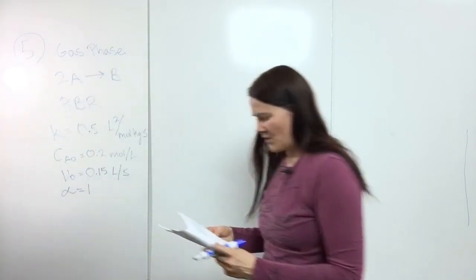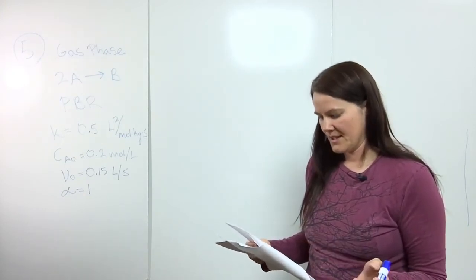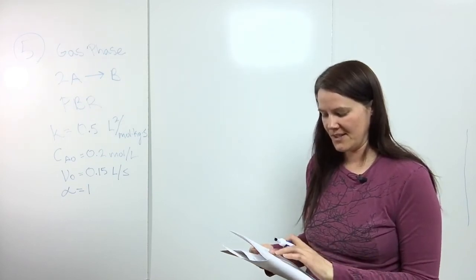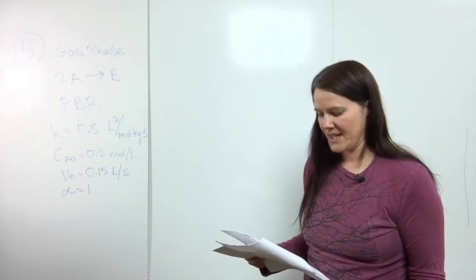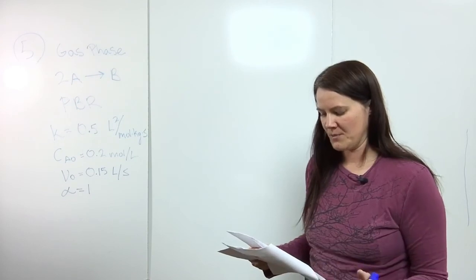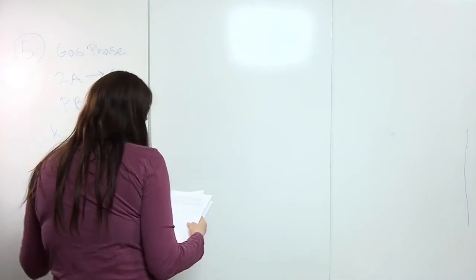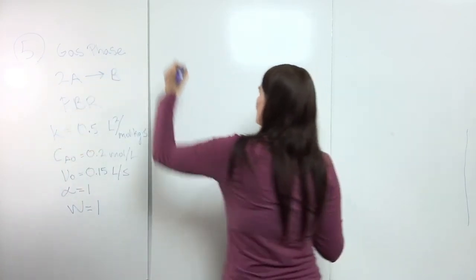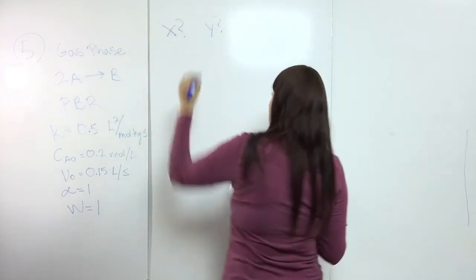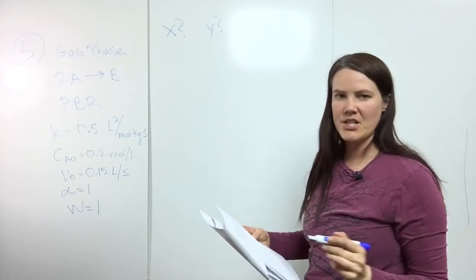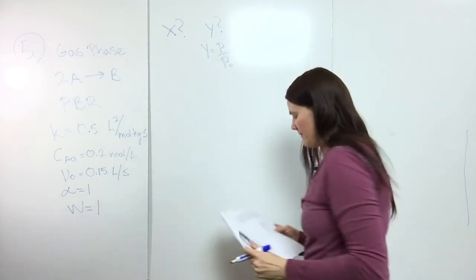And then it says, formulate the ODEs that describe conversion and pressure drop as a function of weight of the catalyst. Solve the ODEs using an appropriate platform and find conversion and dimensionless pressure drop at the exit of the packed bed. And it says you have 1 kilogram of catalyst, so W is equal to 1. So you're looking for X and Y, because Y is your dimensionless pressure, Y is equal to P over P naught.